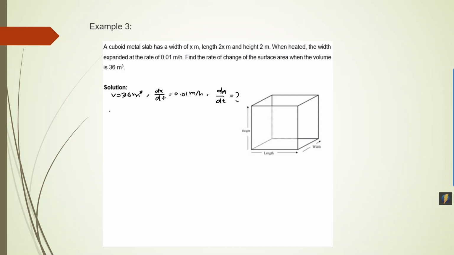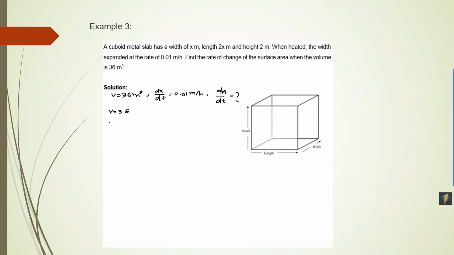Okay, so we need to find x first. So volume equals 36. Volume is height times length times width.